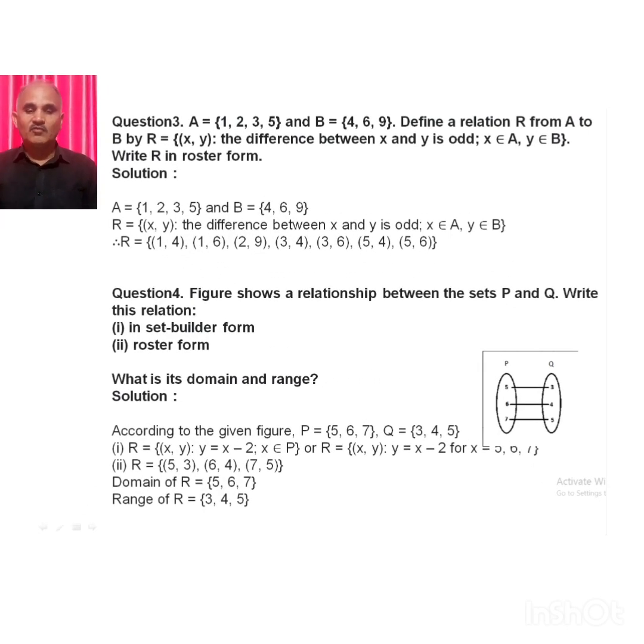Question number 3: A is given as 1, 2, 3 and 5, and the elements of set B are 4, 6, 9.